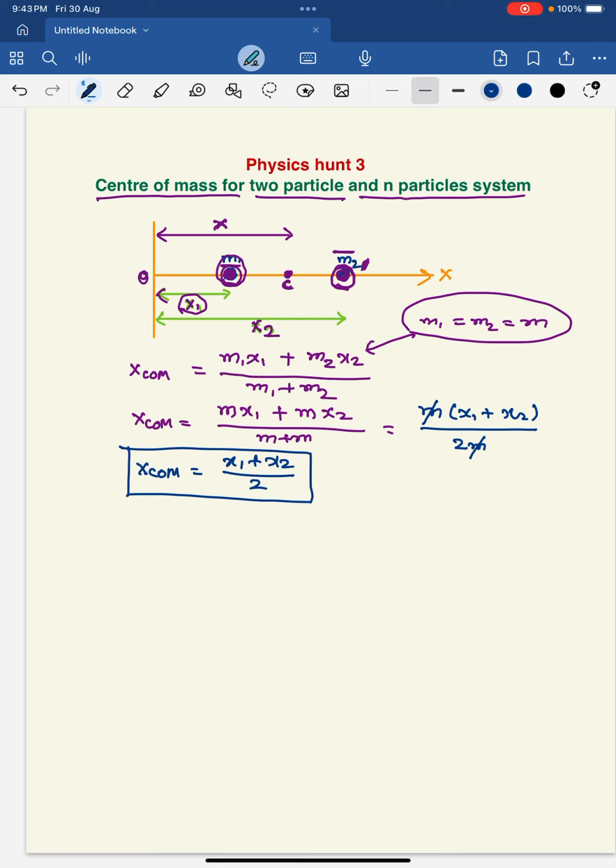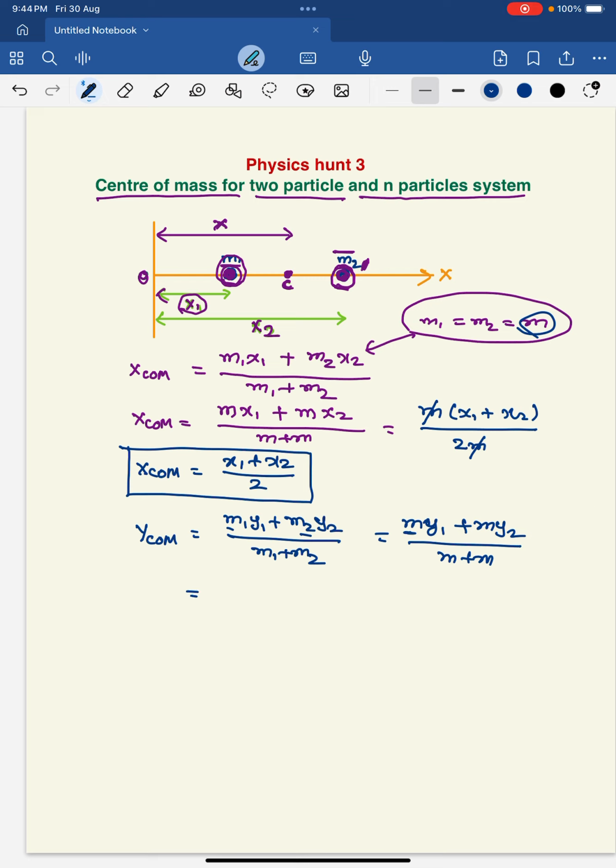Suppose these two particles are lying along the y-axis, the y direction. Then instead of x we write y. So y center of mass is equal to m1 y1 plus m2 y2 by m1 plus m2. Here m1 equals m2 equals m, so it is m y1 plus m y2 by m plus m.